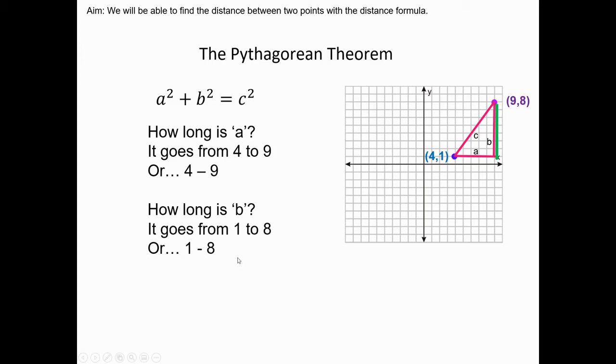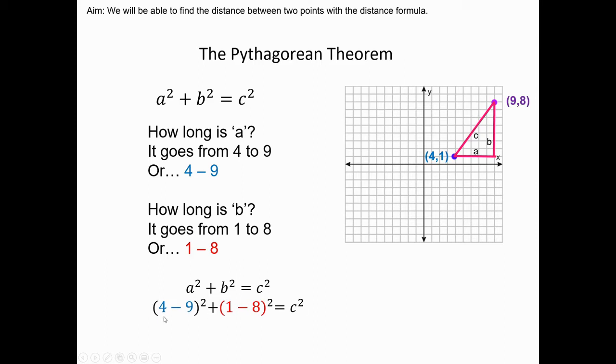So why don't we go ahead and put this down right here. A squared is just going to be 4 minus 9, right? And B is going to be 1 minus 8. Technically, you could swap those around and make more sense, but I'll just keep it as it is for now.